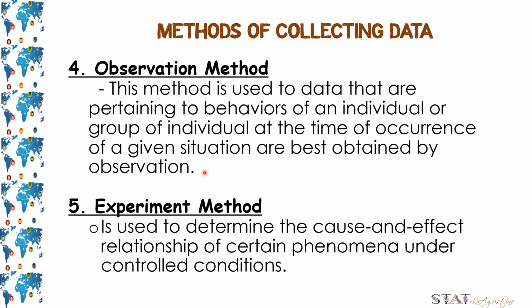For example, how children react when placed in a certain room. And then the experiment method is used to determine the cause and effect relationship of certain phenomena under controlled conditions. So from the word itself, experiment method. So that's how you gather your data.